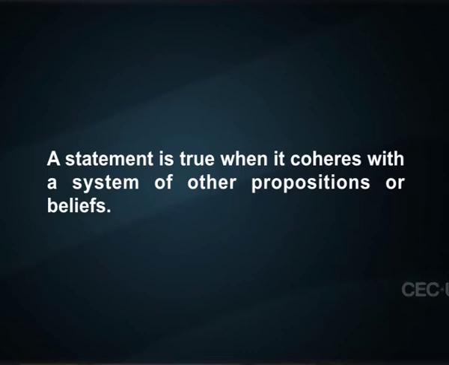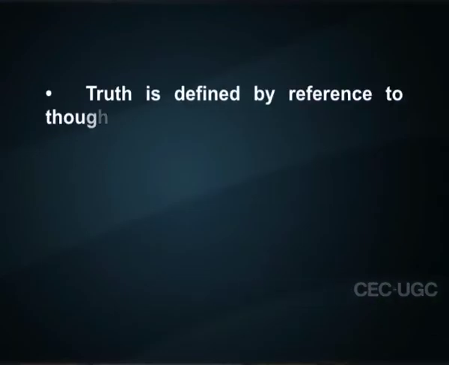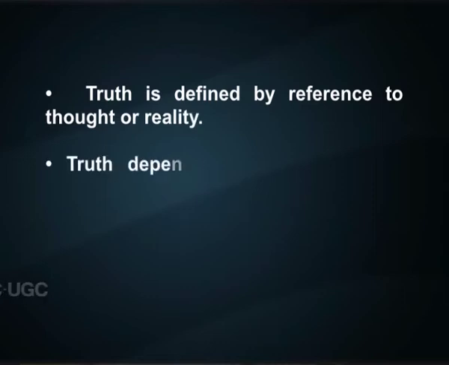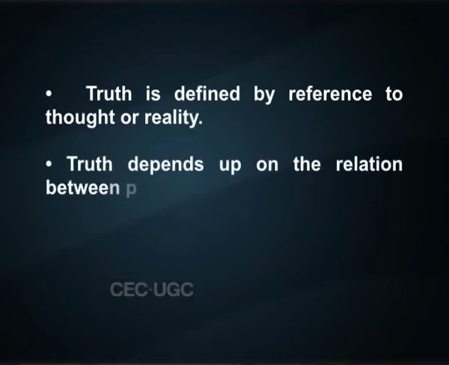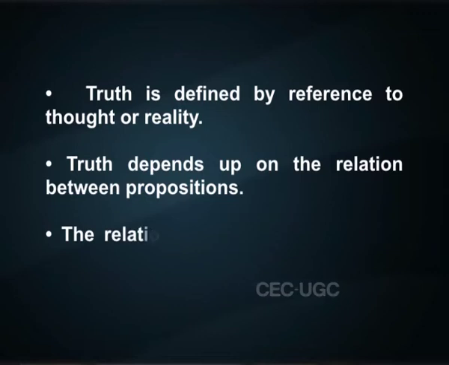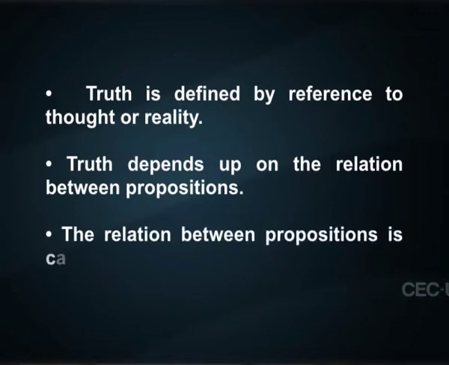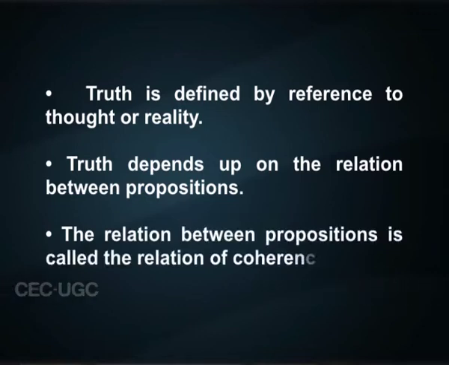A statement is true when it coheres with a system of other propositions or beliefs. This way of explaining truth implies that truth is defined by reference to thought rather than reality. Truth depends upon the relation between propositions, and the relation between propositions is called the relation of coherence.